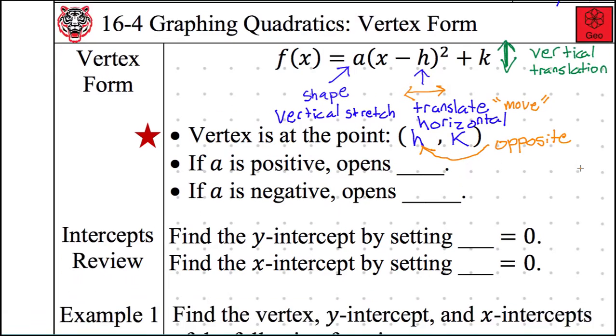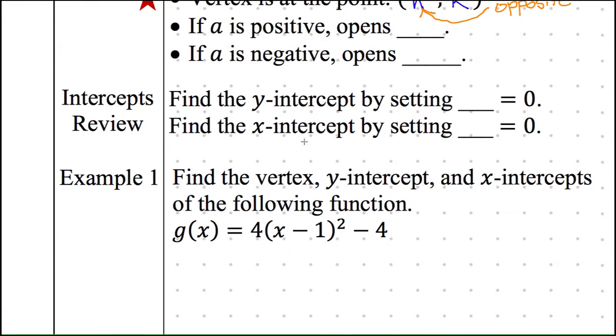So if I skip down to example 1, the x-coordinate is not -1, it will be +1. And the y-coordinate will just be -4. I don't have to change that one. So the vertex of example 1 is 1, -4. I take the opposite inside and then just the regular on the outside.